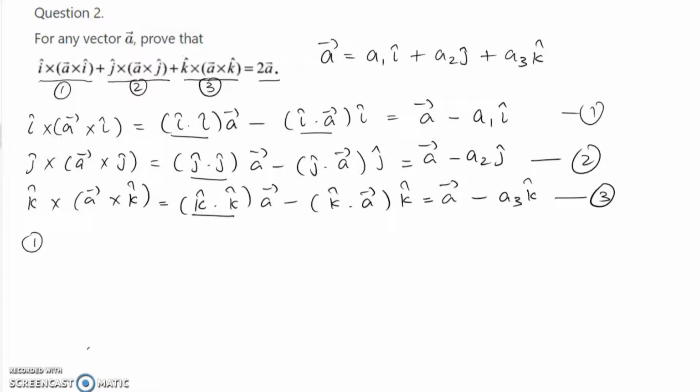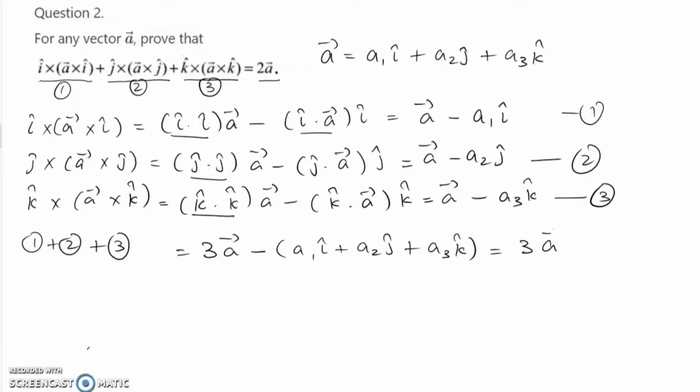Now adding 1, 2 and 3, we get 3A vector minus A1 i cap plus A2 j cap plus A3 k cap. So this can be further written as 3A vector minus A vector, which is 2A vector.